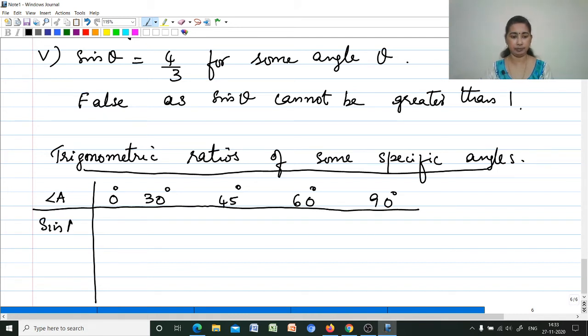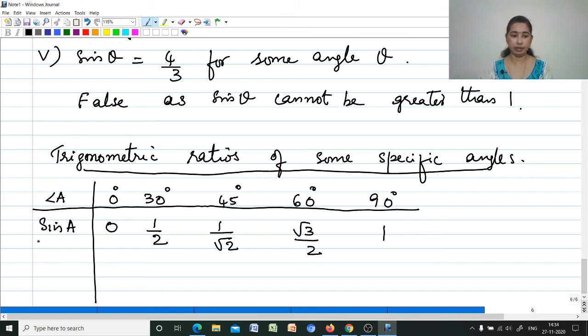If angle A is 0, sine 0 is 0. Sine 30 is 1 by 2. Sine 45 degree is 1 by root 2. Then sine 60 degree is root 3 by 2 and sine 90 degree is 1.